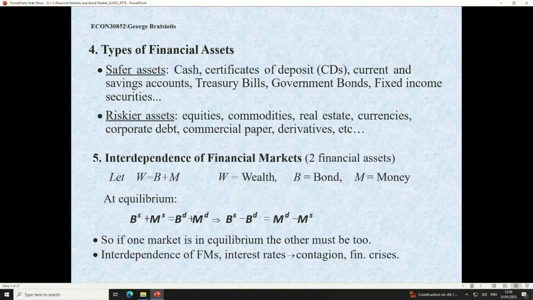That any excess supply of bonds, can you see that? If the supply of bonds is not the same as the demand for bonds, let's say this is a positive number, in other words, there's more supply of bonds than demand for bonds, this is going to create an excess demand for money. Because the bonds will not have a lot of demand, they'll be going to the money markets.